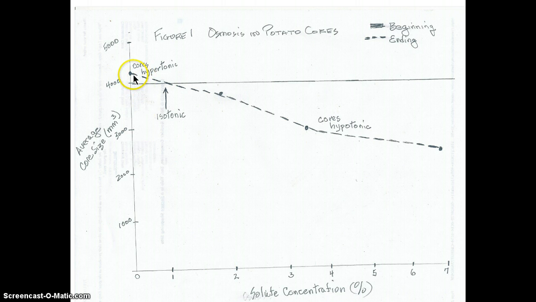They gained a little volume in 0%. They lost a little in 1.75. Where that line crosses is isotonic, and that's about 1%. I think the actual number is about 0.9% solute in potatoes.